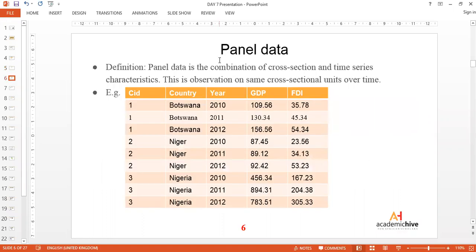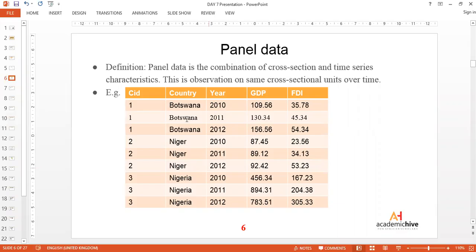How about panel data? So panel data is a combination of cross-sectional and time series data. So you can see the example here. You have Botswana. So this is an example of, say, GDP and FDI for different countries over a period of time.